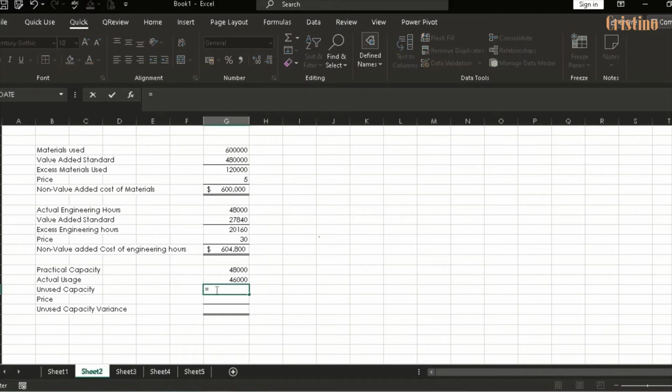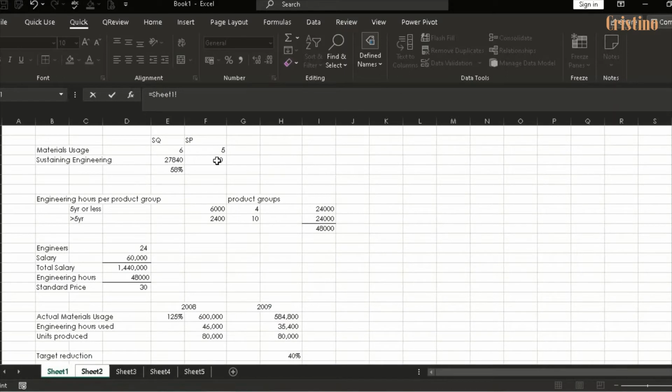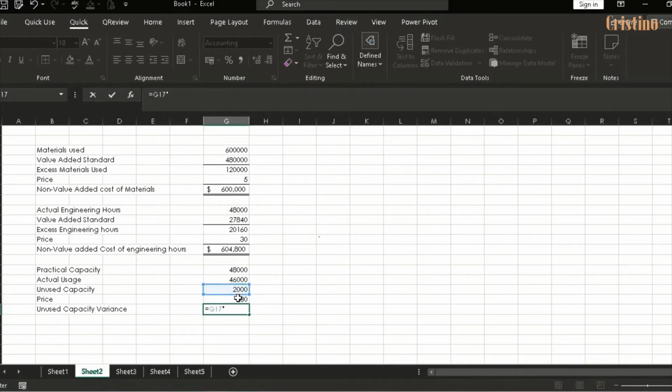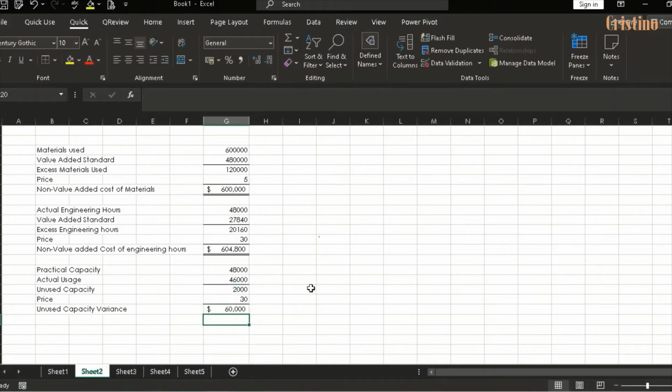The unused capacity is 48,000 minus the 46,000 actual usage, which is 2,000 hours. The price for the engineering hours is computed earlier as $30 per hour. By multiplying the unused capacity by its price, we have the unused capacity variance of $60,000.